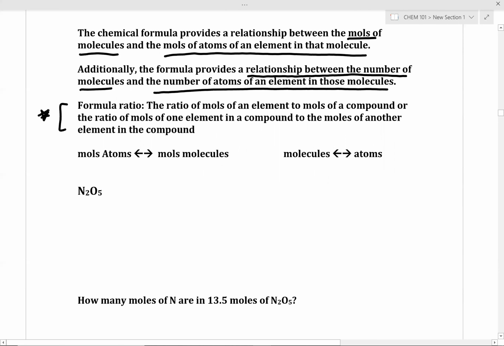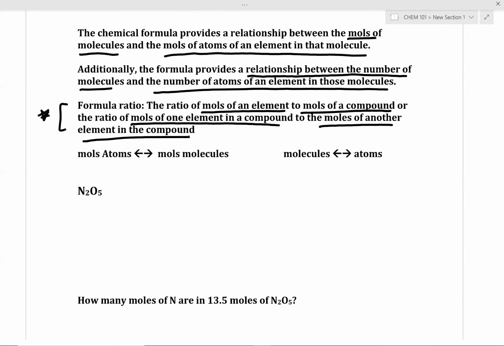It's the ratio of the moles of an element to the moles of a compound. Another form of the formula ratio is the ratio of moles of one element in a compound to the moles of another element in the compound. So let's showcase how we can use the formula ratio, and let's take a look at N2O5.